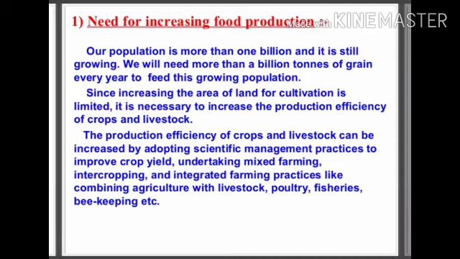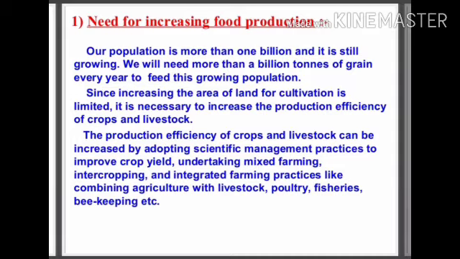The answer is we can adopt scientific management practices, adopting mixed farming and intercropping. We can use integrated farming practices like combining agriculture with livestock, poultry, fisheries.